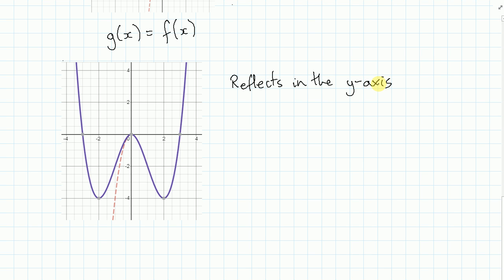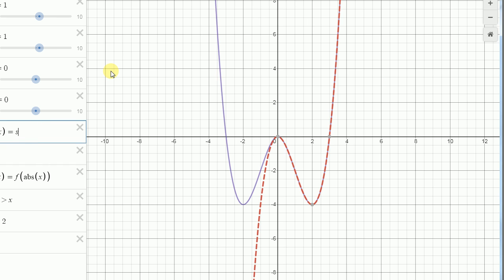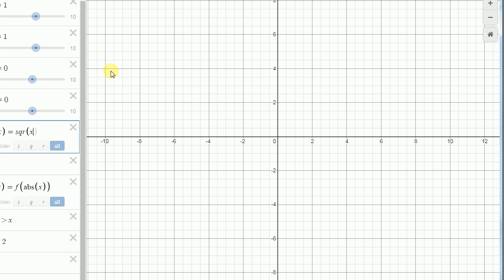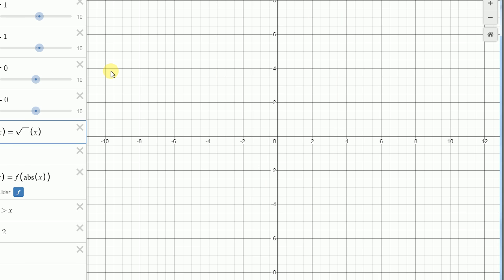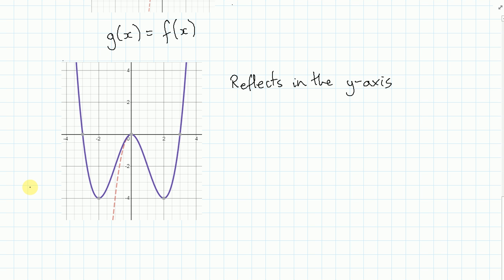All our points. And that actually means that if we've got something that's undefined for some negative values, like the square root of x, let's just do the square root of x. What we get is the original function, which is just defined above, but now when I do the modulus of that, I also get all reflected values.